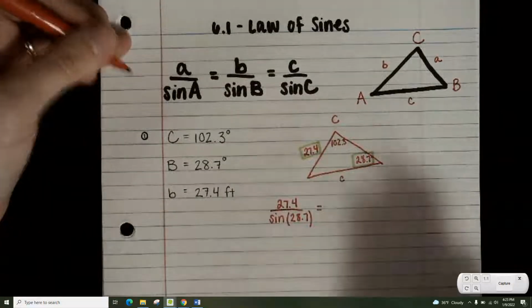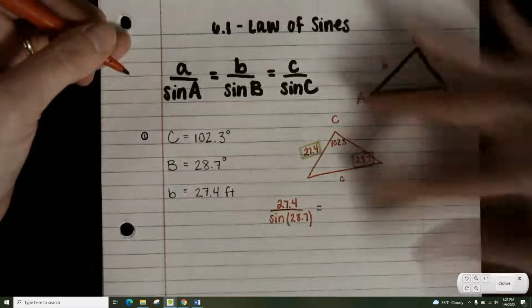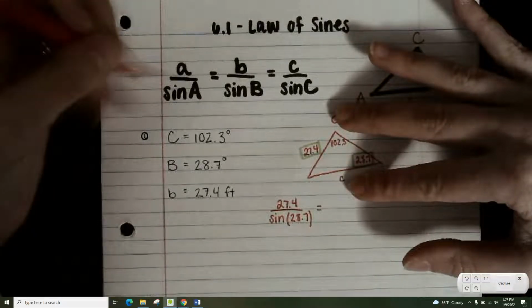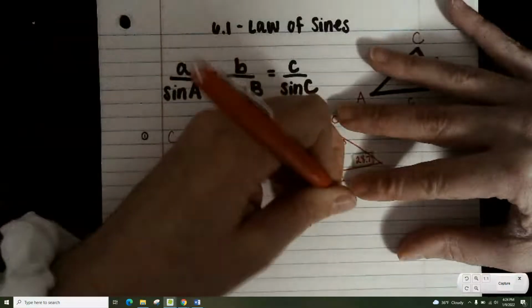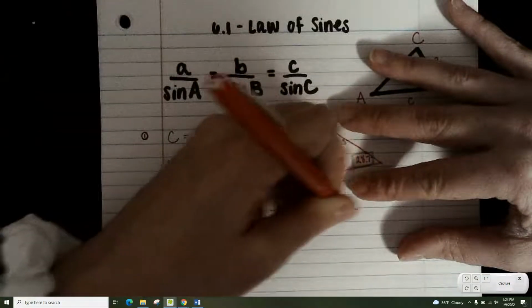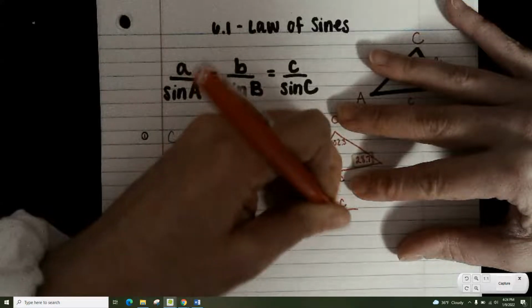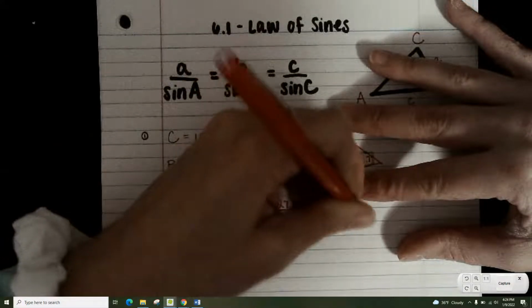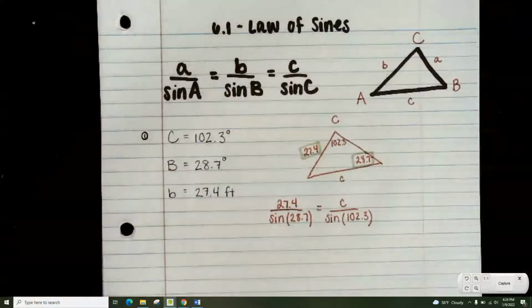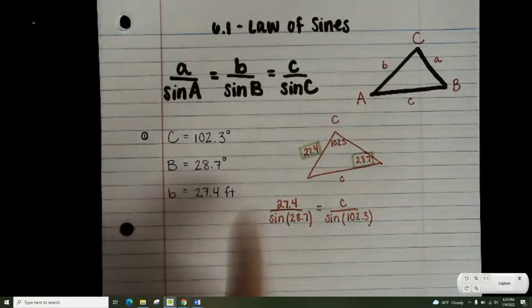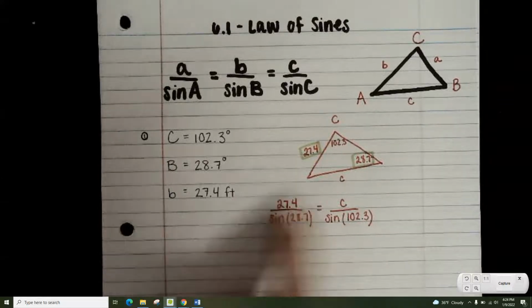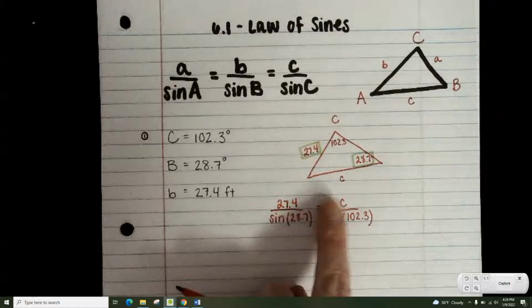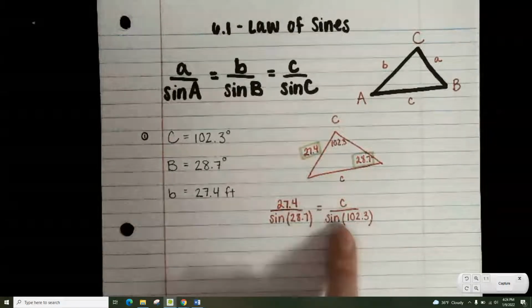Now, my other part that I have started is C here. I'm missing c, and I have the angle, so over sine of 102.3. So this is side length b over sine of B, side length c I'm missing over sine of angle C.